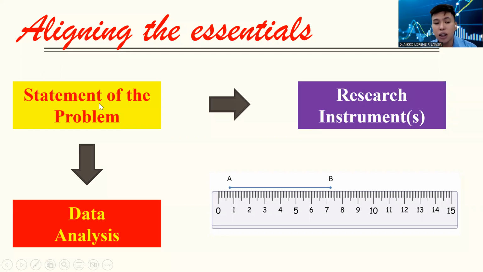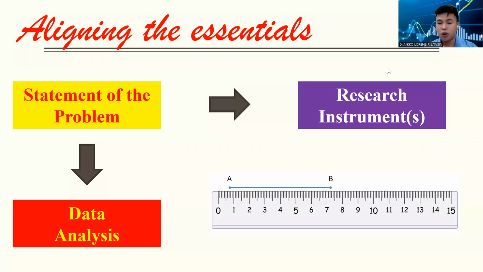So if you fail to identify what research instrument to use, it will be hard for you to answer your statement of the problem. It's just like finding a proper ruler or measurement tool to measure the constructs or variables that you would like to measure.